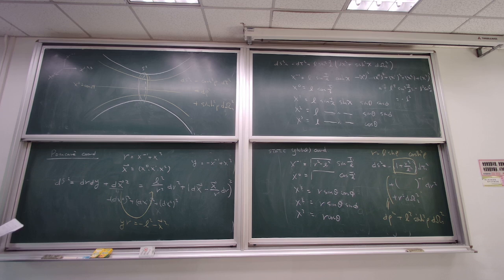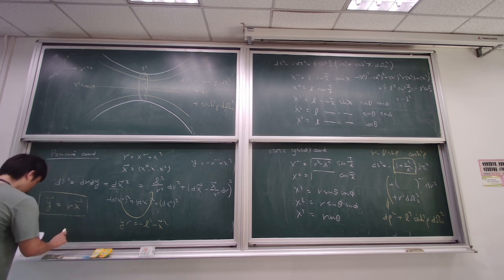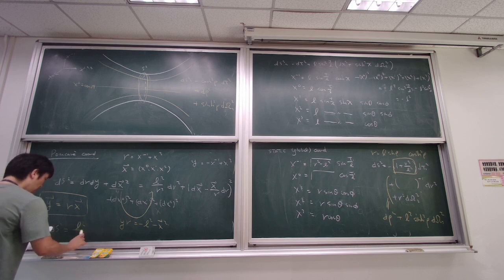Then, if you introduce the coordinate y, which is R times x, then what we have is ds square equal to L square over R square.